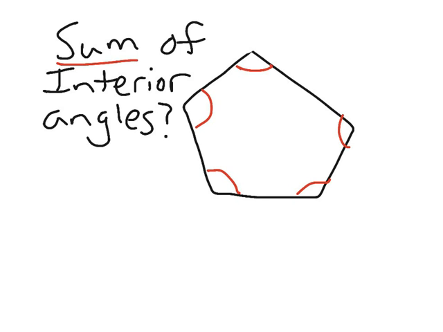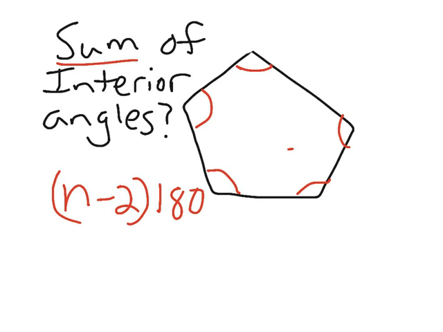Well, from the theorem list there is a formula, and that formula is n minus 2, that quantity, times 180 degrees. What n stands for is the number of sides. In this case, since it's a pentagon, it would be 5. And this formula applies to all polygons, so you plug the number of sides into this formula, and it will tell you what the sum of the angles are.